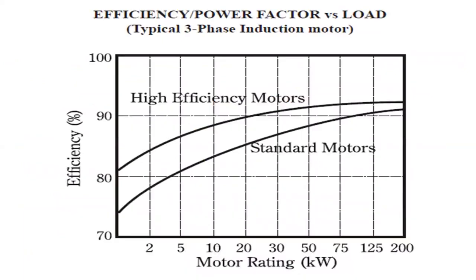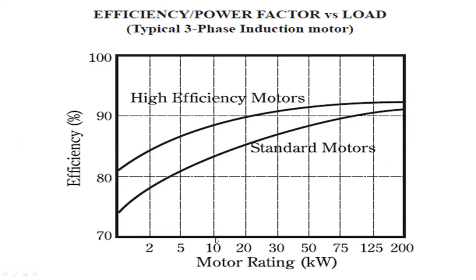The figure here shows the comparison between energy efficient and standard motors. We see the efficiency of energy efficient motors at different loads, whereas for standard motors, the efficiency is very low when we use the motors at a very low rated capacity.